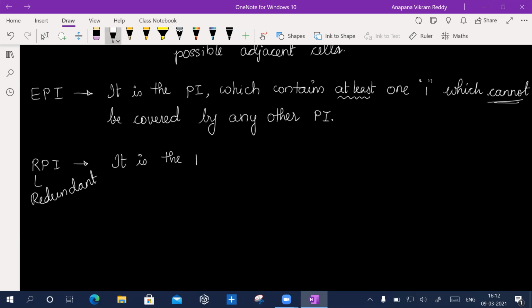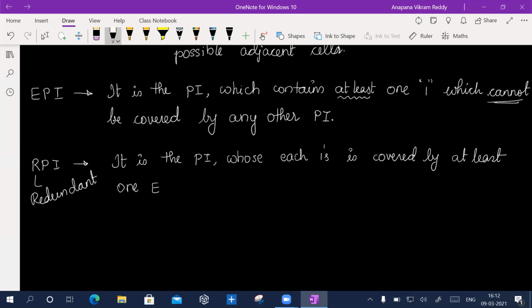It is the prime implicant whose each 1 is covered by at least one essential prime implicant.